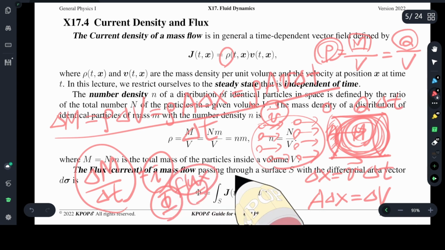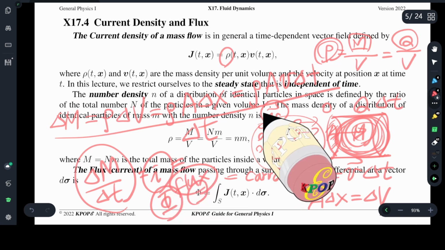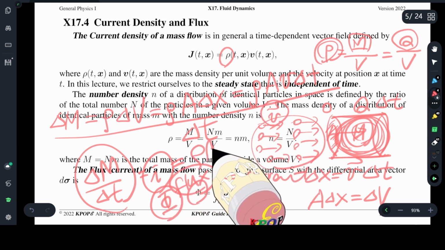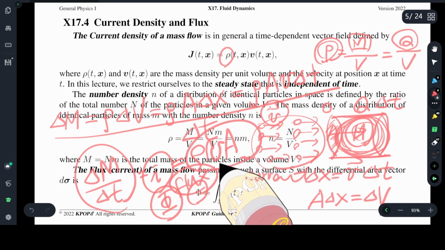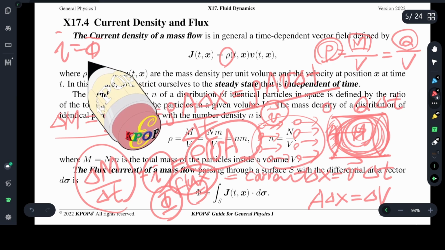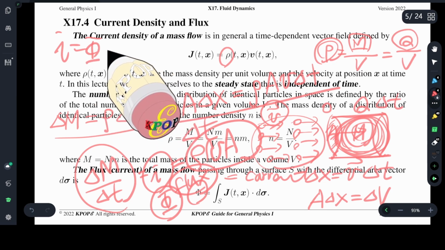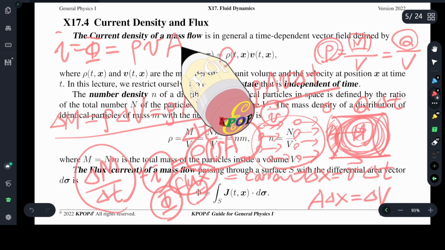Flux is the same as a current. And this current is what? Rho, V, and cross-sectional area. So current I, or flux phi, is rho V times A.